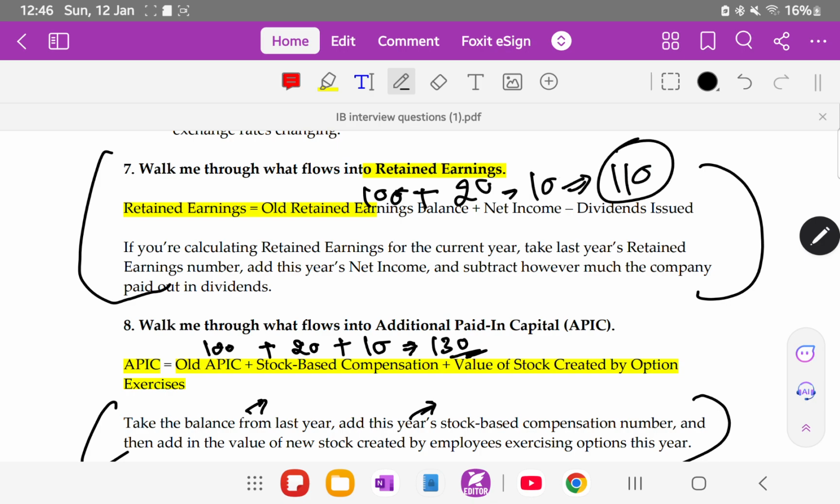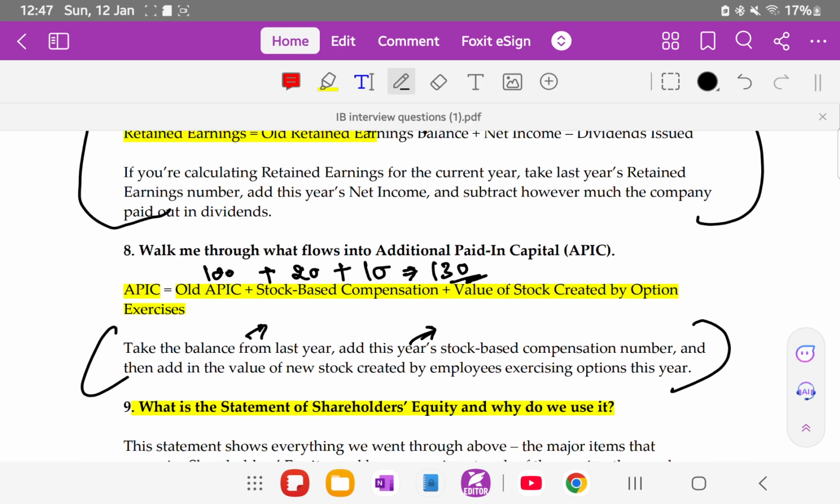So 110 will be the next number for them, the calculated number. If you're calculating the retained earnings for the current year, take the last year's retained earnings number, add the net income, and subtract how much they paid out in dividends.